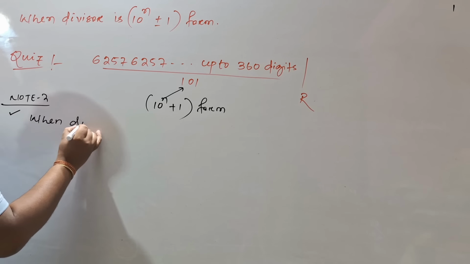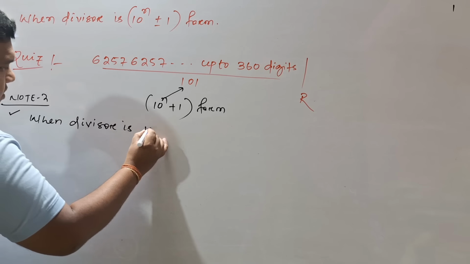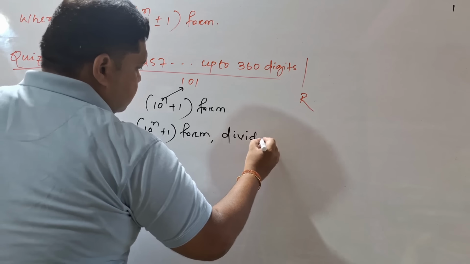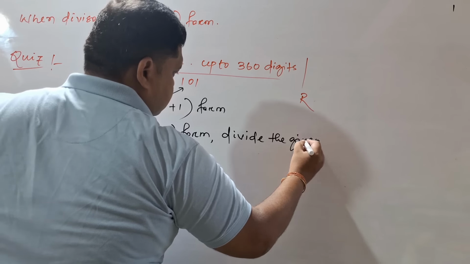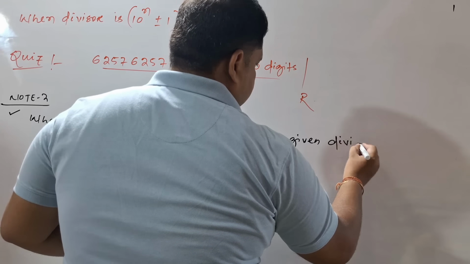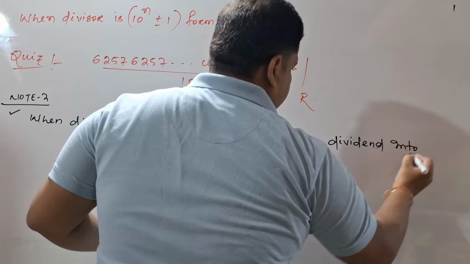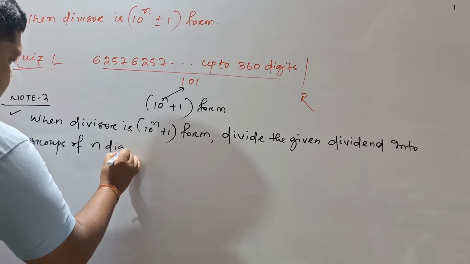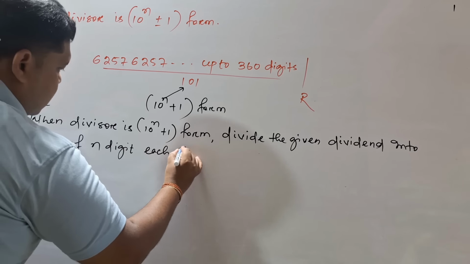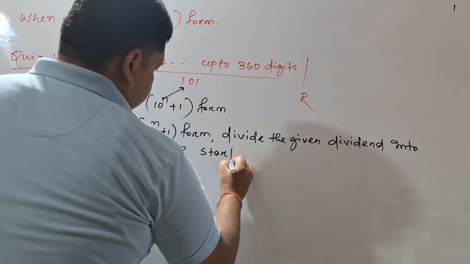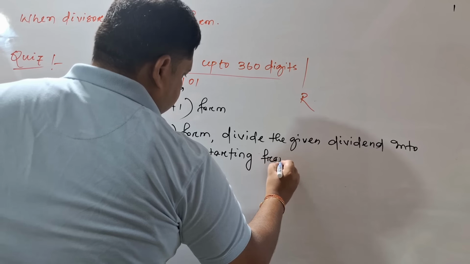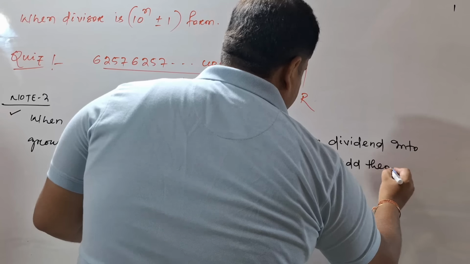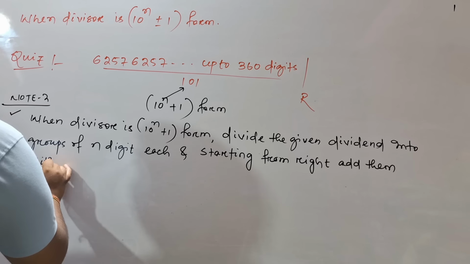When the divisor is of the 10 to the power n plus 1 form, divide the given dividend into groups of n digits each, and starting from right, add them with alternate sign.